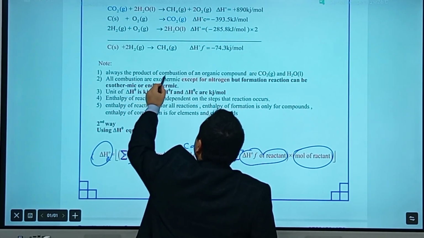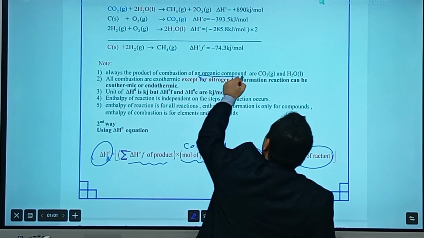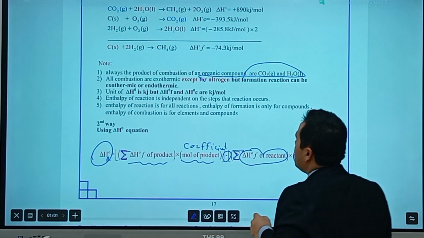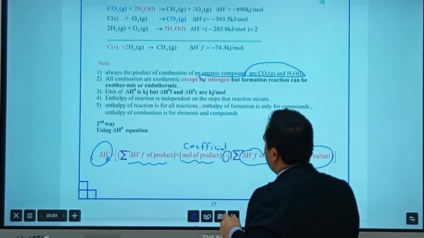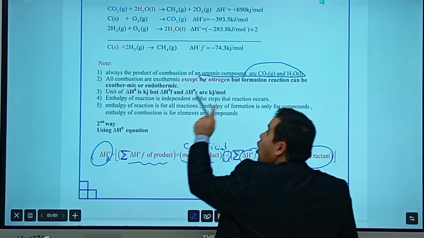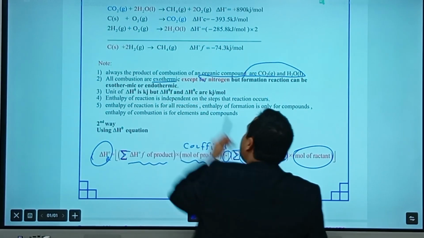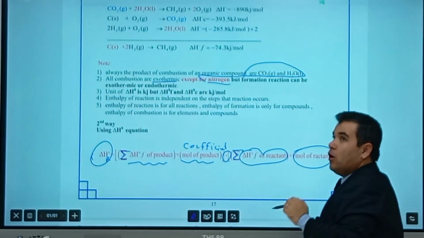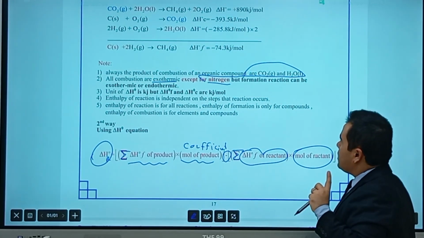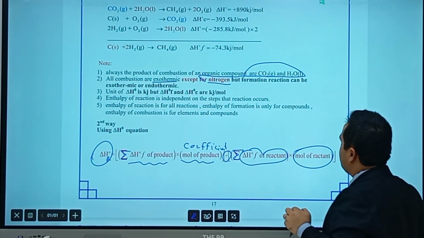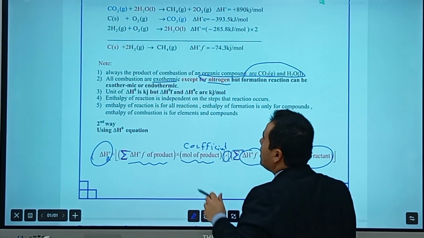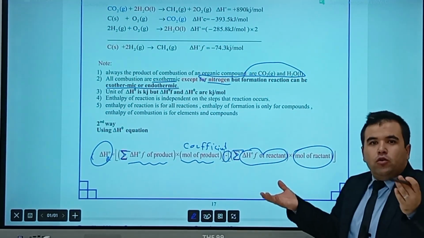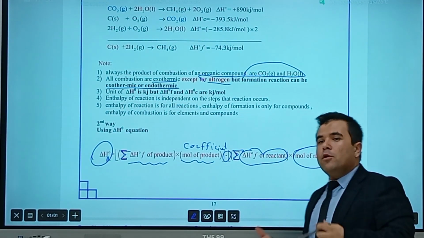Always the products of a combustion of an organic compound are CO2 and H2O. We mean the hydrocarbons. When a hydrocarbon combusts, it will produce CO2 and H2O. All combustions are exothermic, guys, except the combustion of nitrogen, but a formation reaction can be exothermic or endothermic.